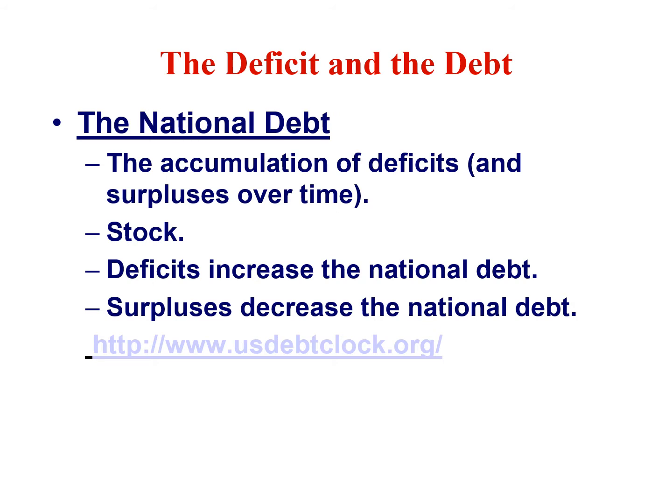So you see there, it says the accumulation of deficits and surpluses over time, right? So obviously any increase in the deficits increases national debt, any surplus decreases national debt, right? Currently, the national debt of the United States is right around $22 trillion.